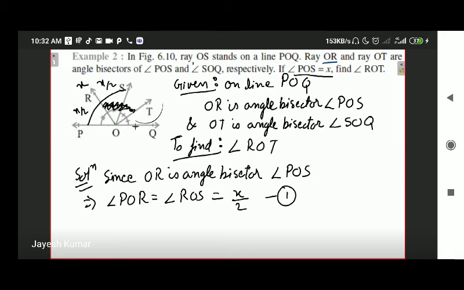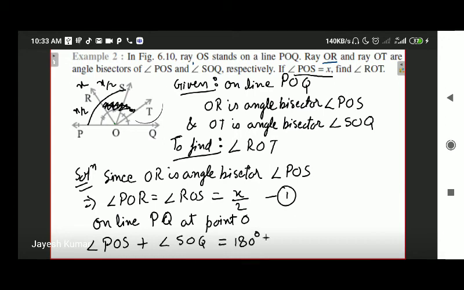On line PQ, most of the questions are using linear pair. Okay, as you can easily see, most of the questions are using linear pair. On line PQ, at point O, angle POS plus angle SOQ equals 180 degree.